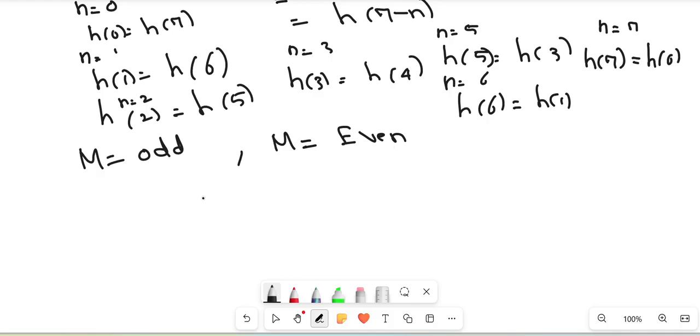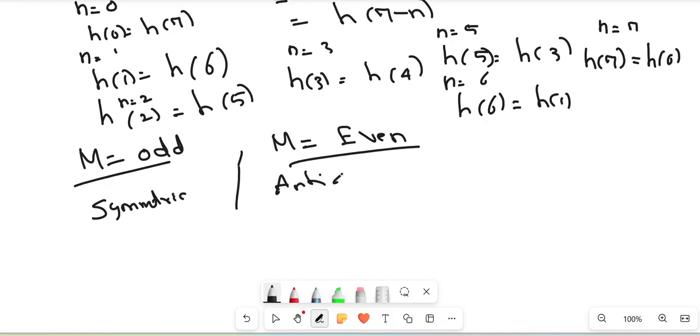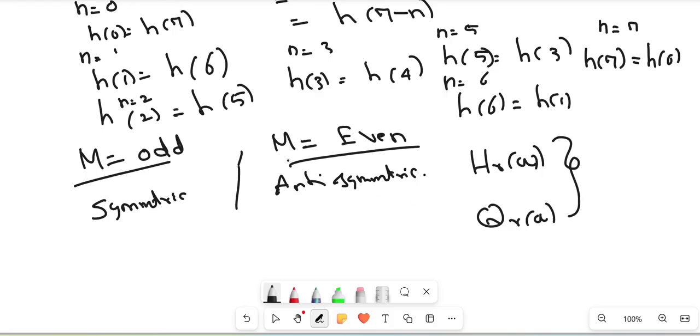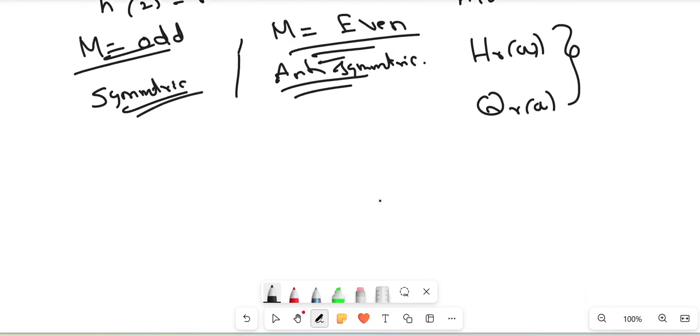For M odd and M even, we can write the magnitude response and the phase for symmetric and antisymmetric cases. All these equations should be remembered.